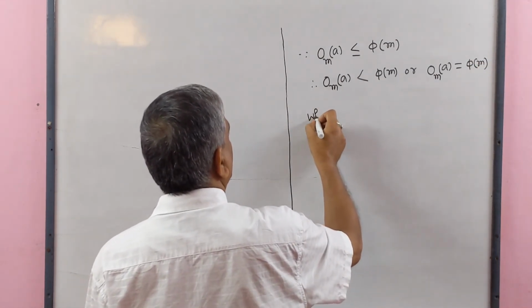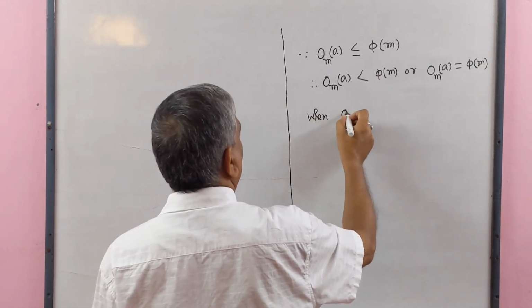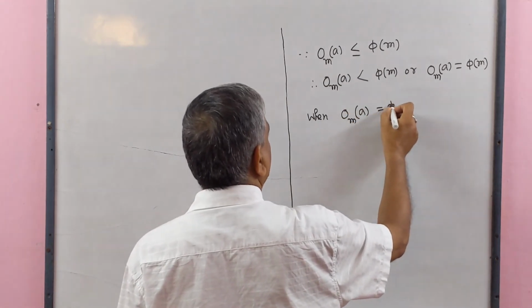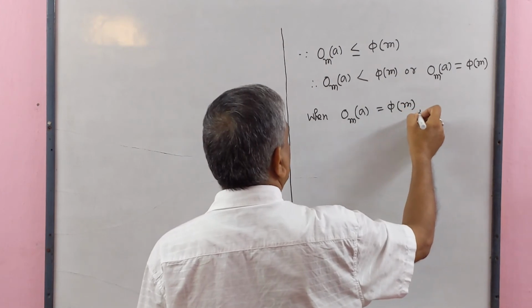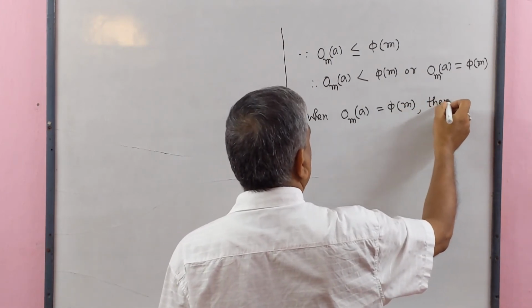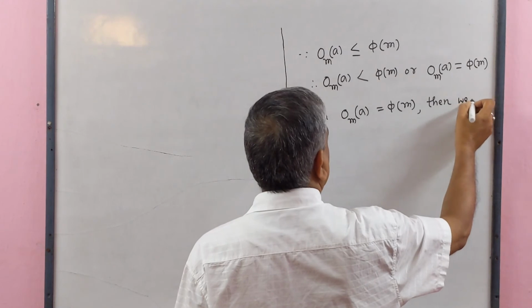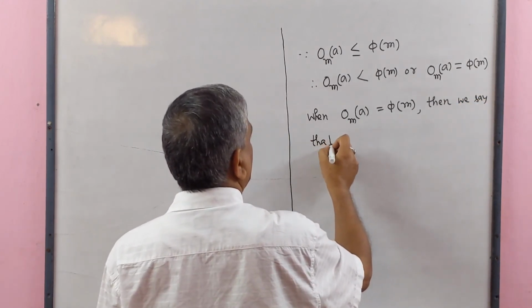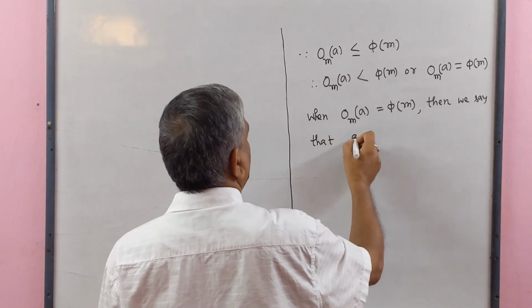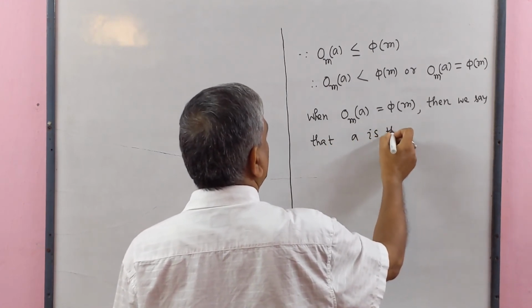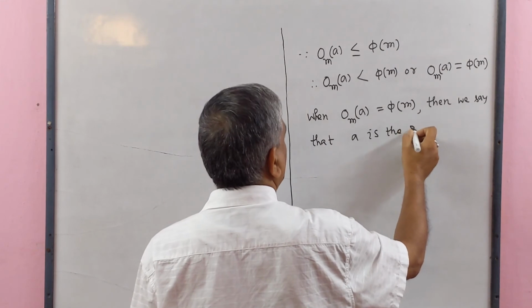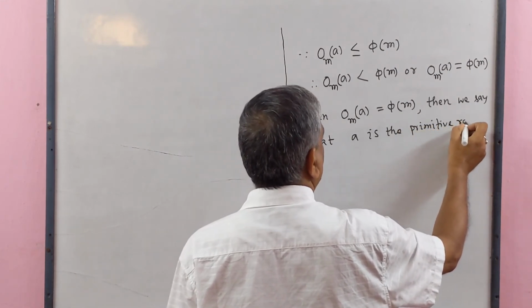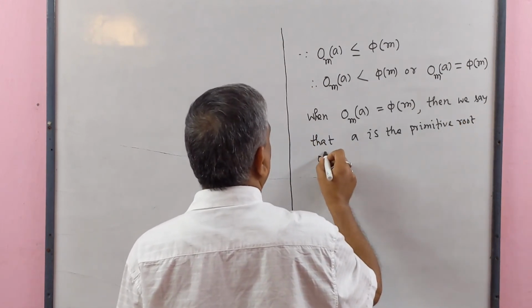When order of a modulo m equal to phi m, then we say that a is the primitive root of m.